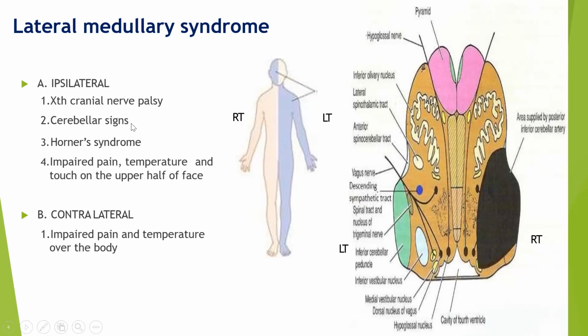You have to find whether cerebellar ataxia is present on the ipsilateral side. Impaired pain and temperature of the face is ipsilateral. Contralaterally, you will have impaired pain and temperature of the body. In Wallenberg syndrome, there won't be any weakness. In lateral medullary syndrome, the patient may not have pyramidal tract involvement and may not have hemiplegia or hemiparesis.